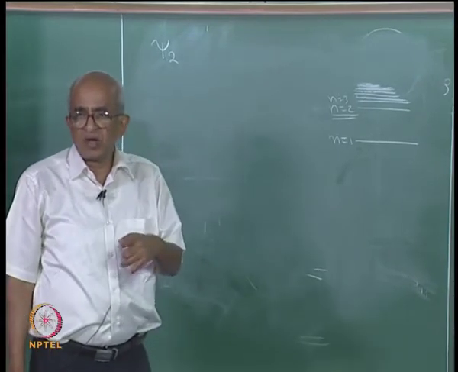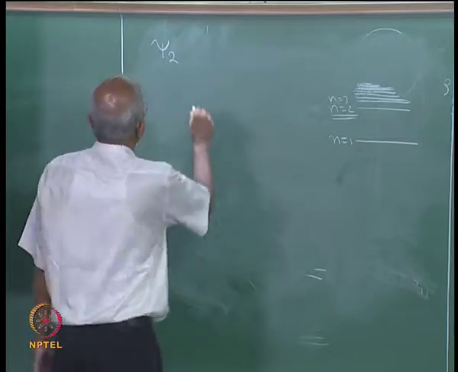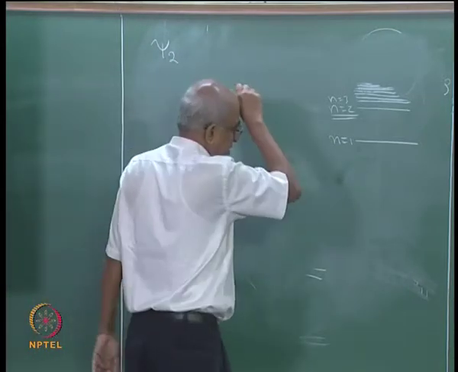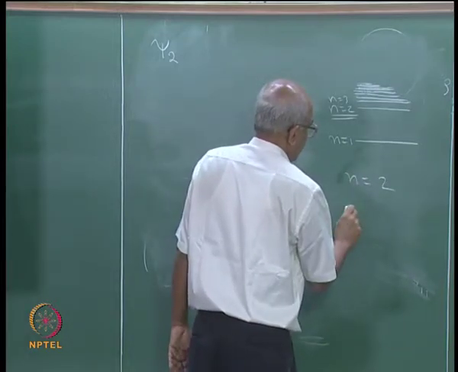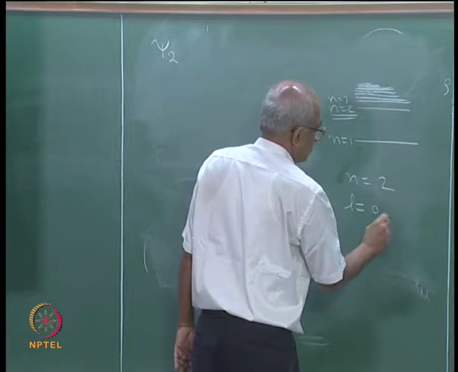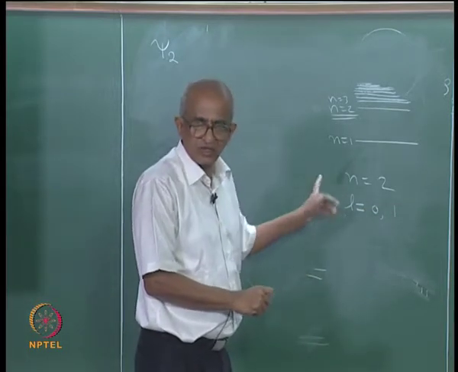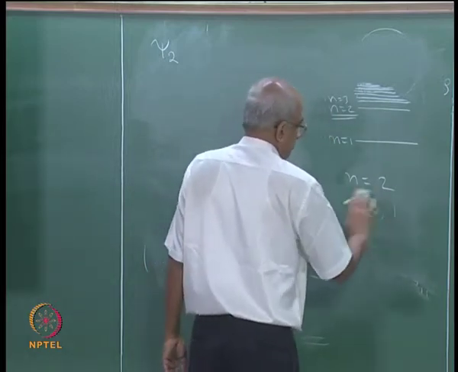If n is 2, our conditions imply that L has to be 1. Oh sorry, what are our conditions? N is equal to 2, L may be 0 or 1, L equal to 2 is not allowed. So, let us think of these possibilities.